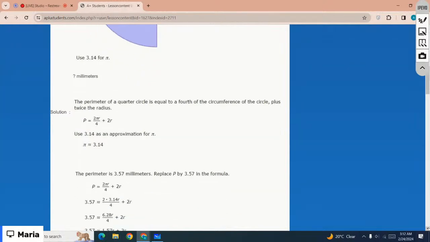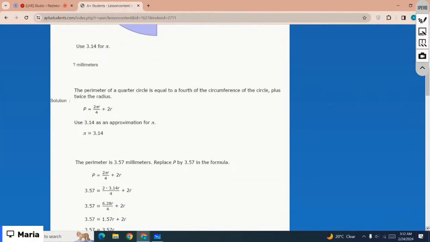So the formula is p equals pi r over 2 plus 2r, right?